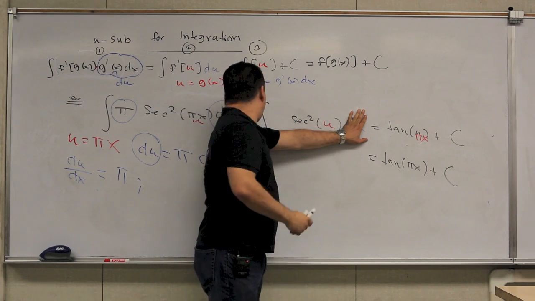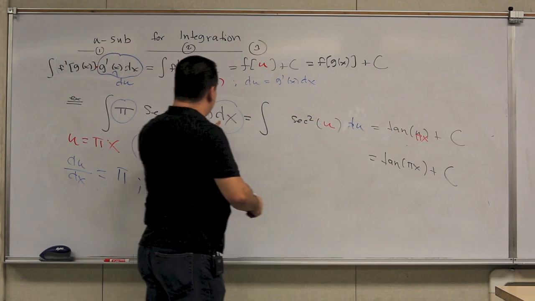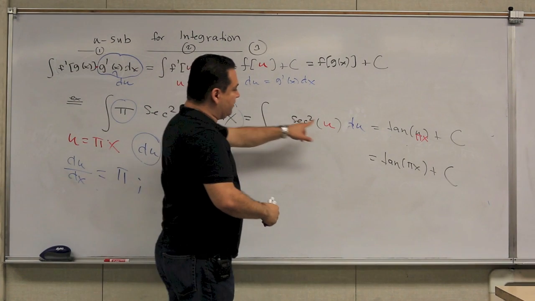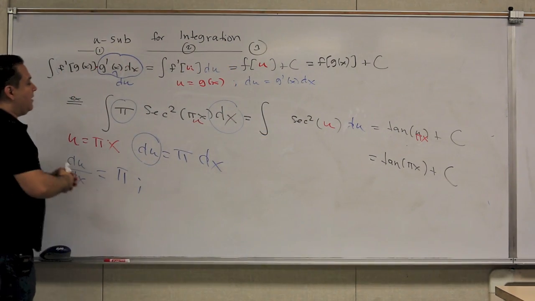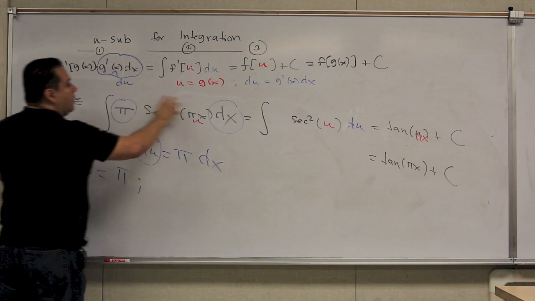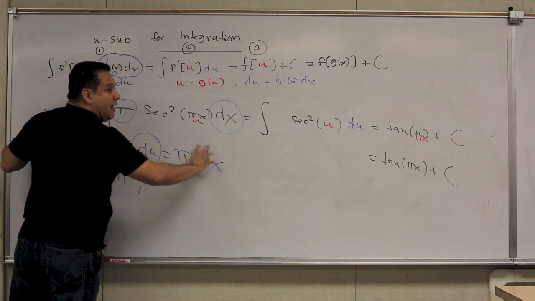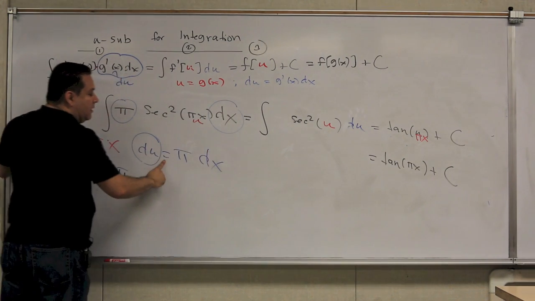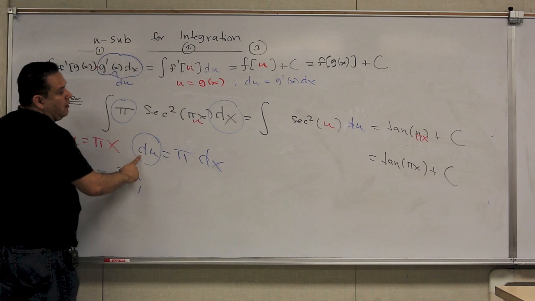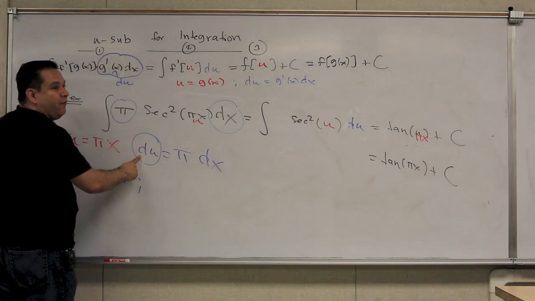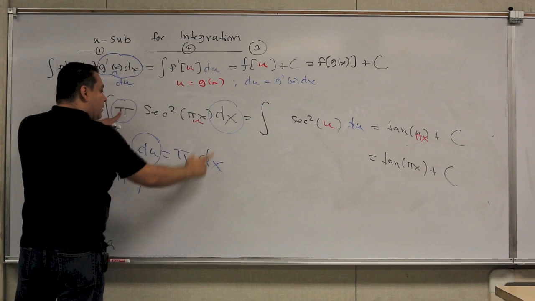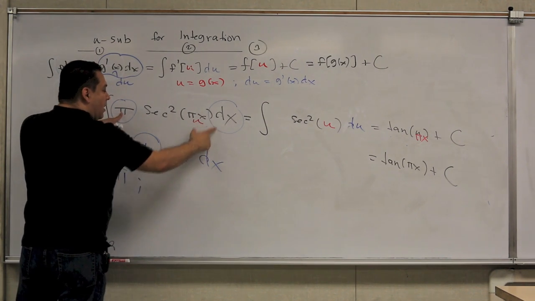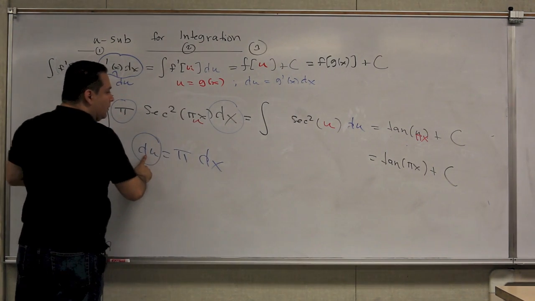So right now, you have what? Dx there if I substitute u. Now, the good news is that the product of pi and dx is the same as what? Du. So I am free to replace my product of pi dx here with what?